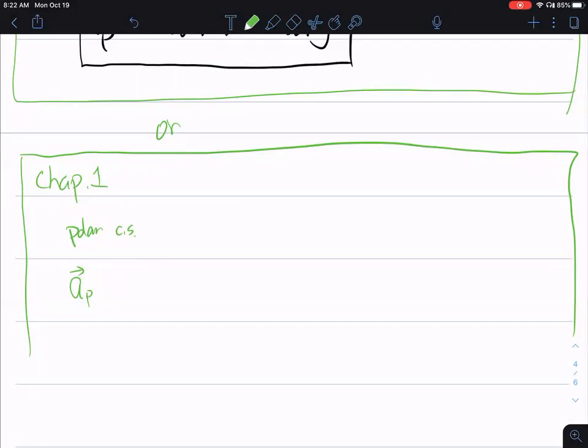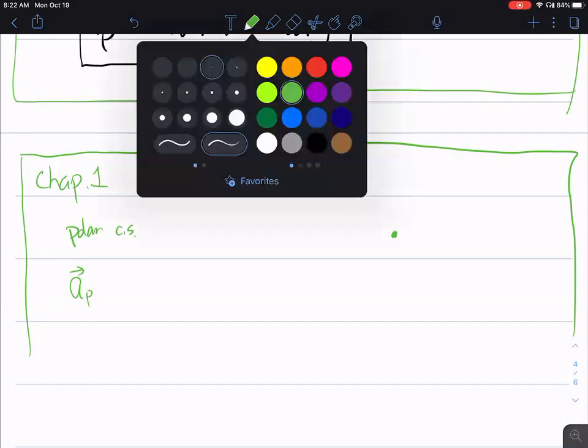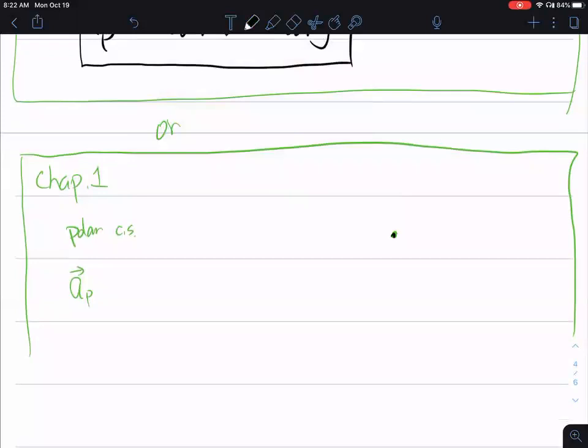And also how to set up your coordinate system. Remember in polar we have E theta and ER. How to set up your polar coordinate system. If this is our particle P, what's the direction of your ER? What is the direction of your E theta hat?